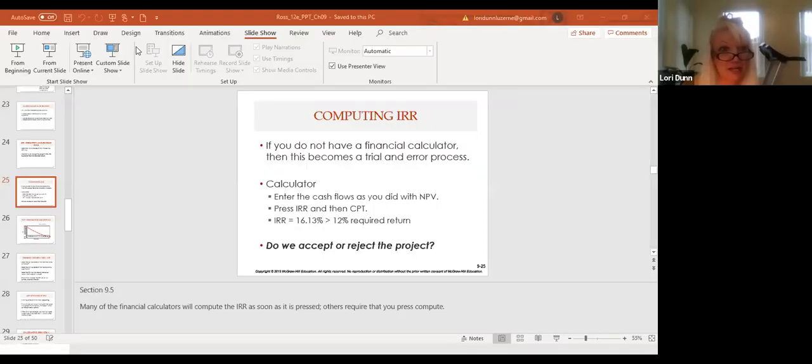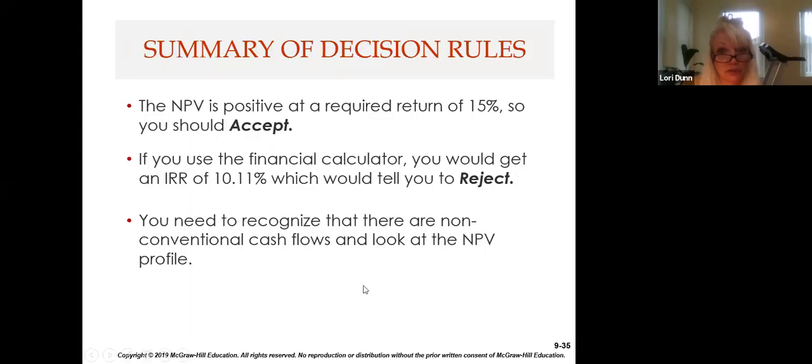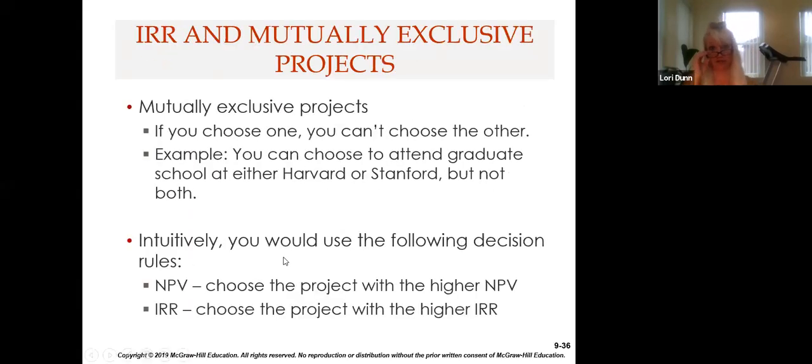Awesome. Okay, I'm going to go back to the PowerPoint and we're going to talk about the next issue, which is mutually exclusive projects. So you can only choose one. There it is. You can choose Harvard or Stanford, but not both.